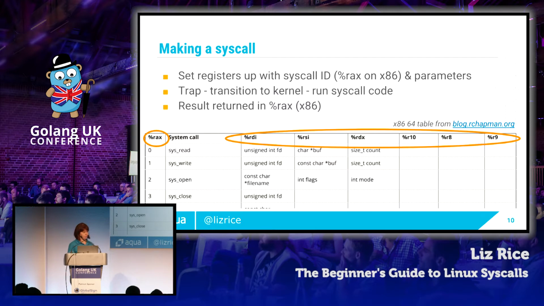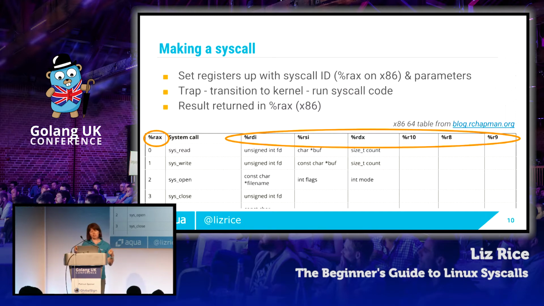So for our friend, the write system call, we're going to populate some registers with the file we want to write to, the address of the data that we want to write, and the length of the data. So we set up those parameters into the place where the kernel is going to expect them.